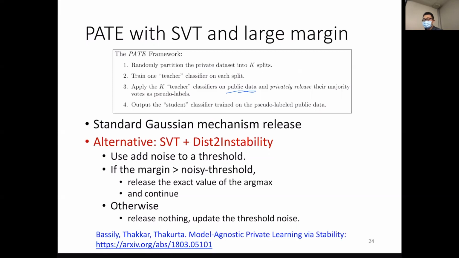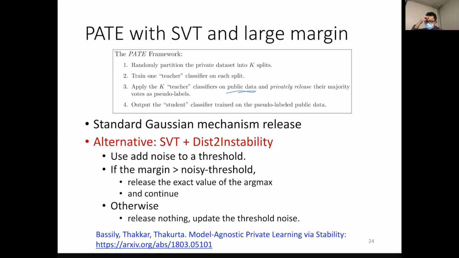Before you run into something that's above the threshold, you're not paying anything, you just keep giving away a sequence of perps, and once you get something that's above the threshold, you return top and then you restart. The nice thing about the sparse vector technique is that you can release many bits of information while only paying for that information with a single unit of privacy budget.